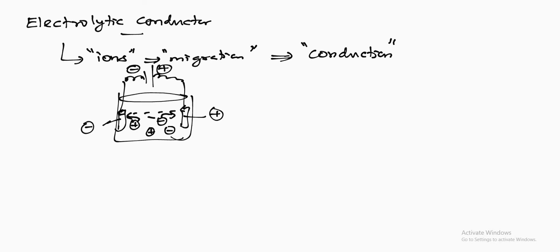Now if I heat this solution, what will happen? I'll keep some burner and just heat the solution. Right, on heating, students, listen carefully. On heating, the speed of the movement of ions increases, or mobility increases.